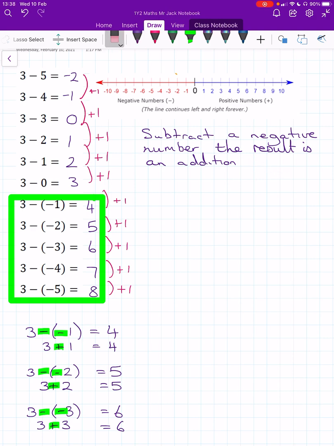So when we subtract a negative number, the result is an addition.